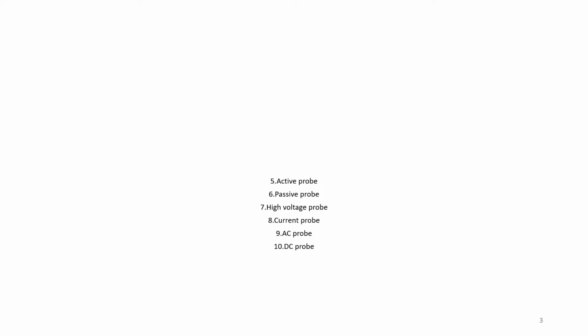The active probe disadvantages are that they are several times more expensive than passive probes. They require power. Dynamic range is limited to as low as 3 to 5 volts, and they can be damaged by overvoltage, either from the signal or electrostatic discharge.